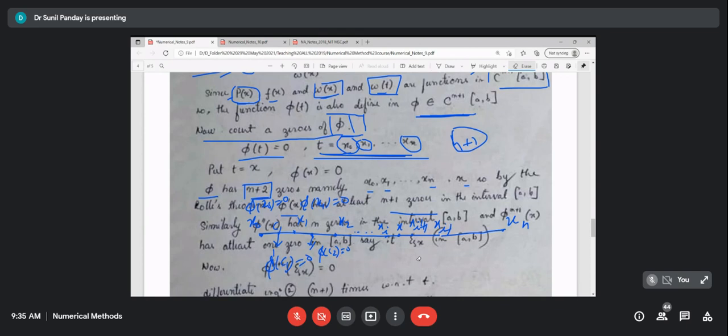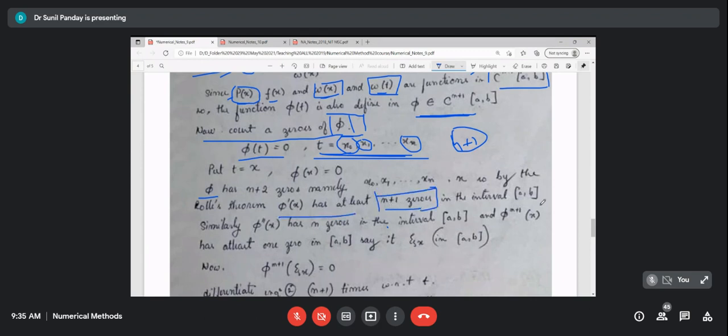Similarly, phi dash(c_2), phi dash(c_3) we will get, and phi dash is 0 at all these n plus 1 points. So phi dash has at least n plus 1 zeros in the interval.